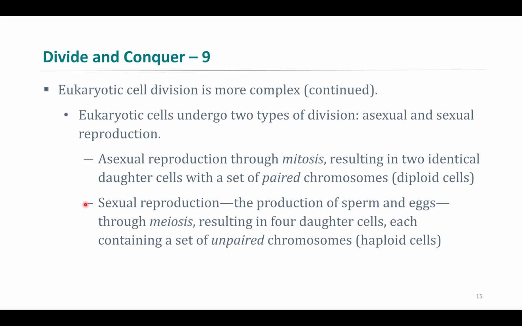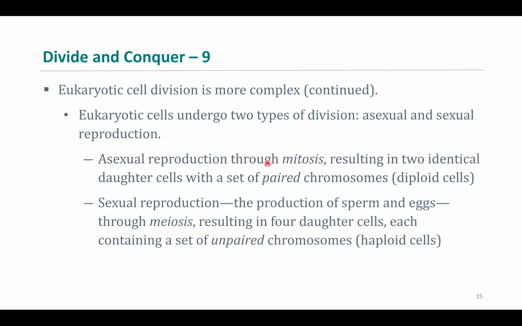In sexual reproduction, what happens is that from a single cell, sperm or eggs will be produced, and these are haploid cells. So for example, in a human, if a cell reproduces asexually, we have 43 total chromosomes.